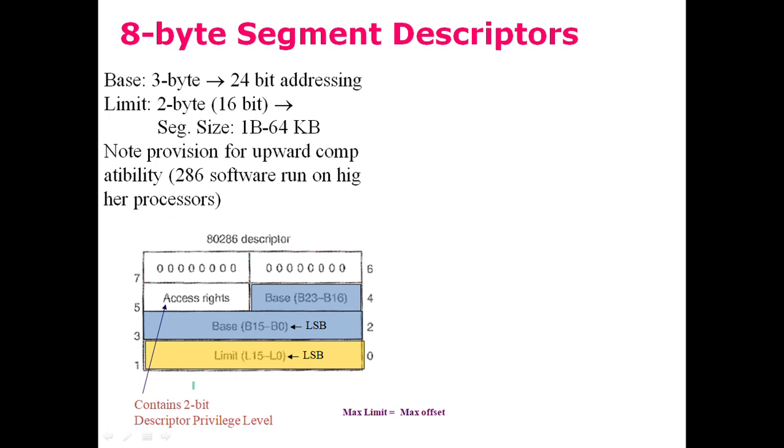The descriptor privilege level of the segment is compared with the request privilege level of the segment number, and if the request privilege level is higher or equal to the descriptor privilege level, then the access is allowed.